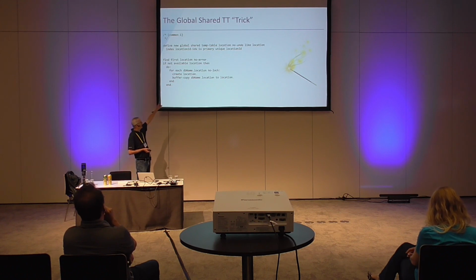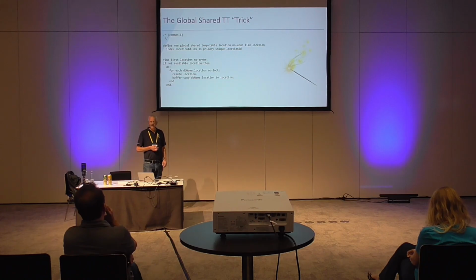So you go and you read dbname.tablename. Now you get the real database table, not the temp table, and create it, buffer copy it, and you're done. And this can really, really quickly make it easy to eliminate a great deal of network traffic. Goes away, poof, just like that.